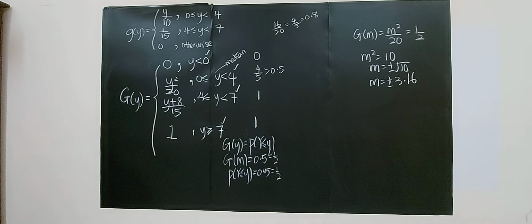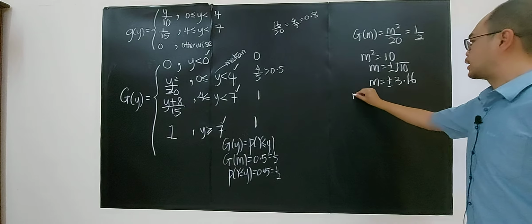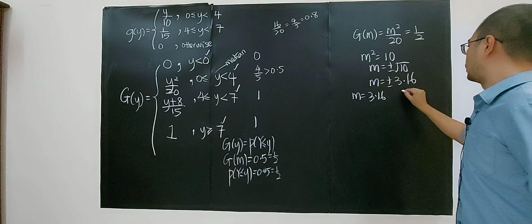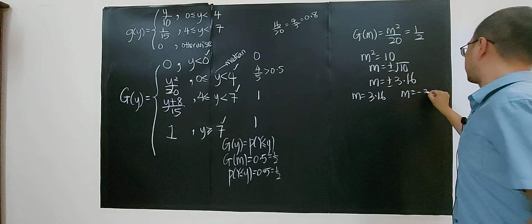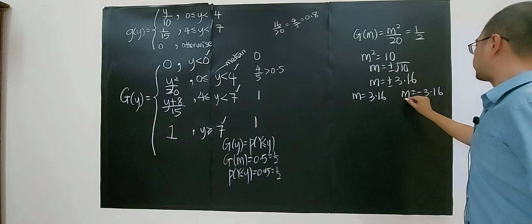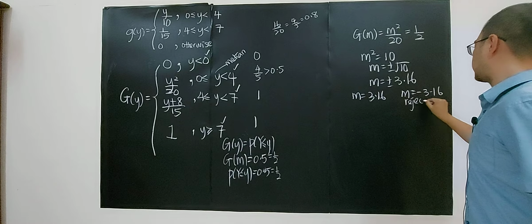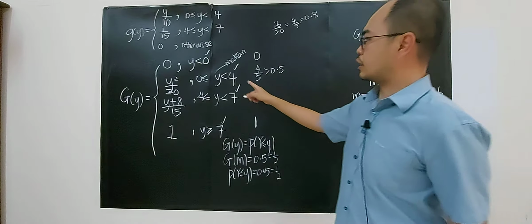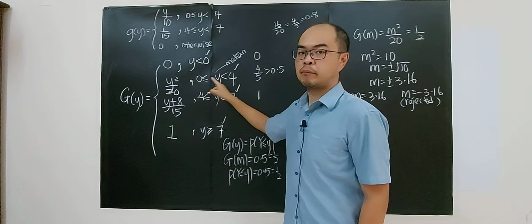Which will be plus or minus 3.16. But there are two values here, 3.16 or negative 3.16. The negative one will be rejected, not because it is negative, but because it's not in this interval, which is a more proper way of explanation.